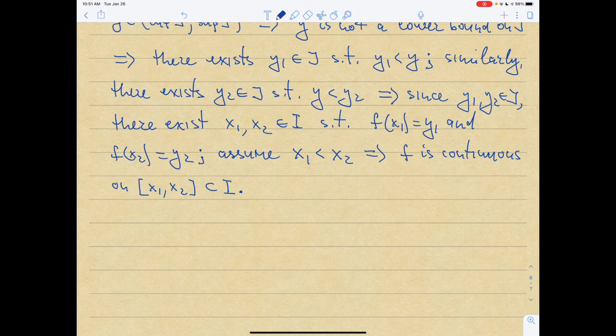We know that f of x1 is y1 and f of x2 is y2. And we know that y is between y1 and y2.